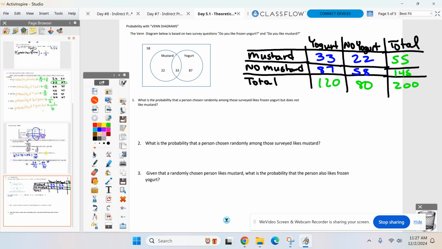All right, ready? Answer a couple questions, and I'm going to let you do your thing on your own. Probability. Start writing in our notation. Likes frozen yogurt, but does not like mustard. So likes yogurt and no mustard.